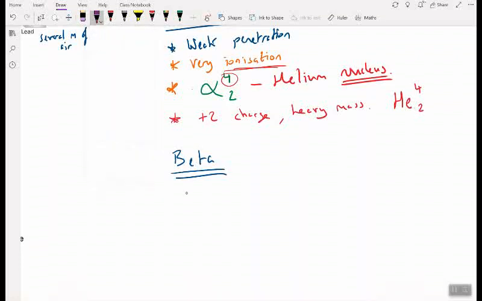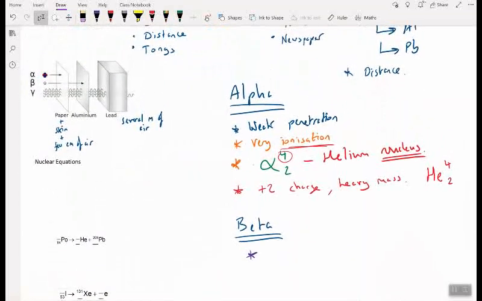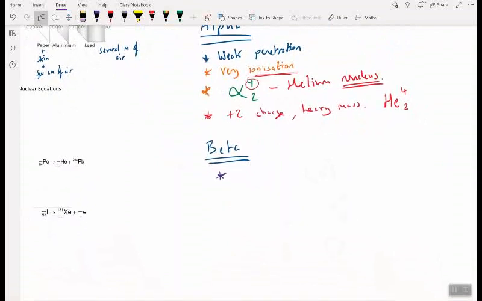What about beta? Beta was in the middle, wasn't it? It went through paper, but it got blocked by a few centimeters of aluminium. And you would have found that that is a medium level of penetration, and it's got a medium ionizing power.